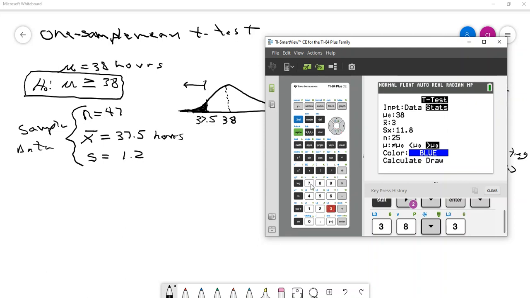All right, so close, but are they statistically close? So standard deviation 1.2. All right, so N is 47.